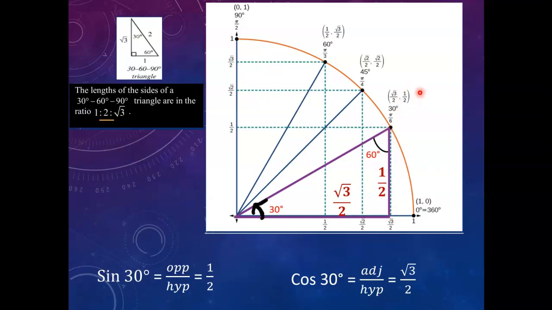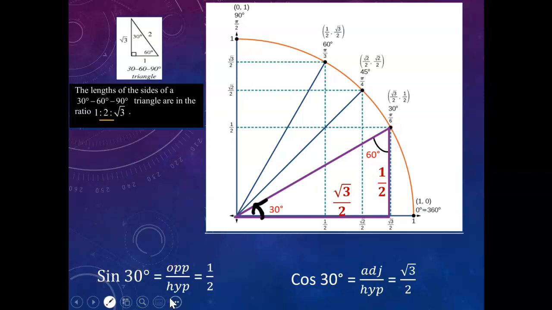So that must be the y value. That's why this point has coordinates square root of 3 over 2, 1/2, which is in fact called the terminal point. So this is a point found along the unit circle that intersects with the terminal side of the angle.